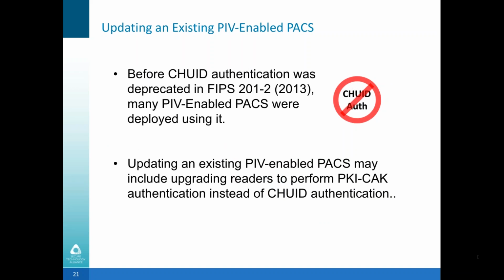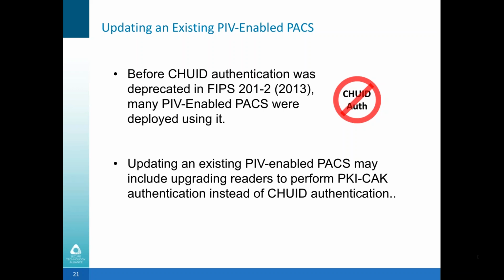This topic is worth mentioning here for upgrading a PACS system that's already been PIV enabled in the past, given the possibility of vulnerabilities being exposed in some existing PIV-enabled PACS. Relatively early on, when PIV cards started being issued, many agencies started upgrading and installing PIV-enabled PACS that just did CHUID authentication through the contactless interface.